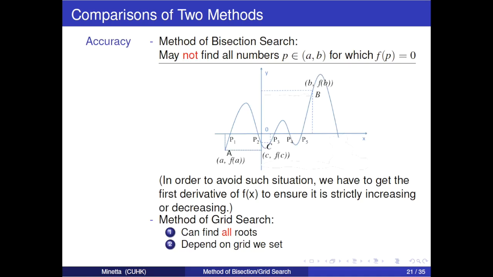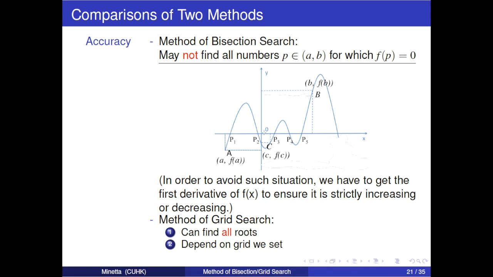Following is the comparison of the two methods. For accuracy, the method of bisection search may not find all numbers p in interval a to b for which f(p) equals 0. We explain it using this picture. Looking at this f(x) curve, at point A, f(a) is less than 0, whereas at point B, f(b) is larger than 0.